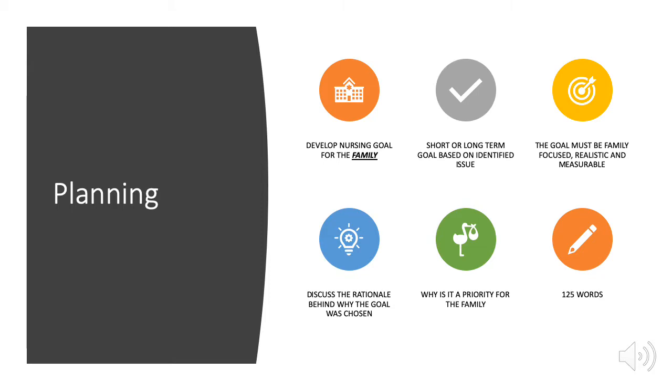If you don't know what rationale means, look it up, because this is what you're going to be receiving the most marks for. Discuss that rationale behind why you chose that goal and why it is a priority for the family for them to achieve that goal. This should take up about 125 words. So again, we're looking at two different references.